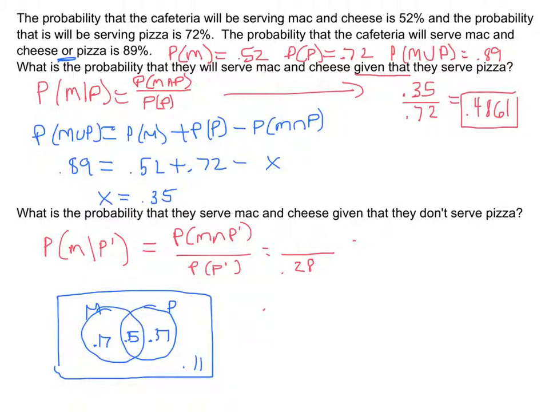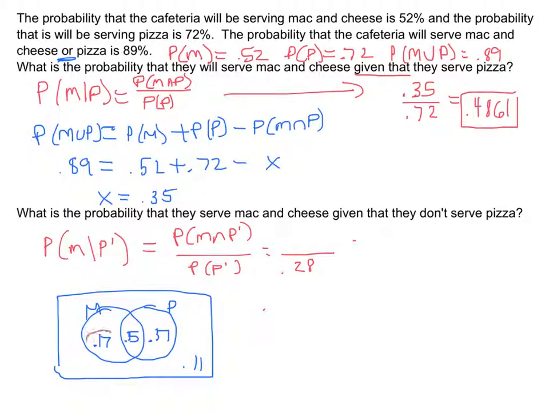So now let's take a look at M intersect P prime. That is everything inside of M, so it's got to be in this circle here, but outside of P, which means we're just talking about this region.